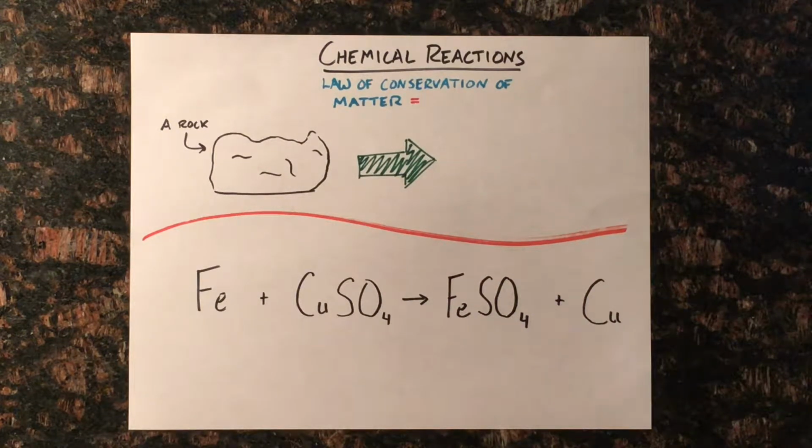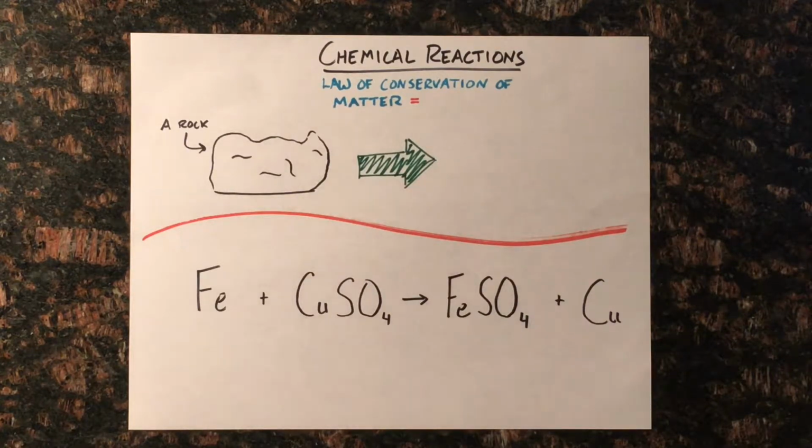Today, as we start talking about chemical reactions, we're going to take a look at a foundational principle of how chemical reactions actually work. And that foundational principle is the law of conservation of matter. Now, really all this is saying is that in chemical reactions, you can't create or destroy matter that wasn't already there.